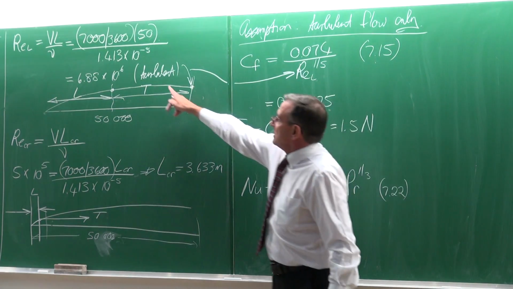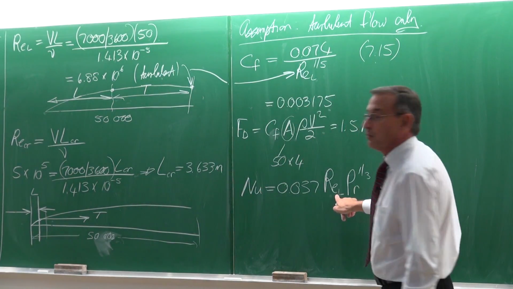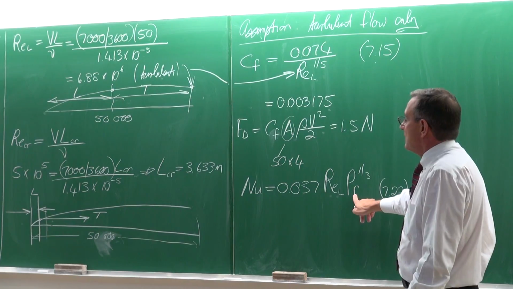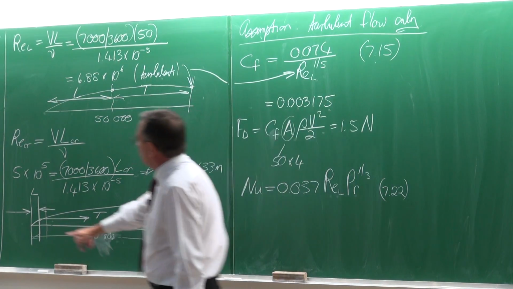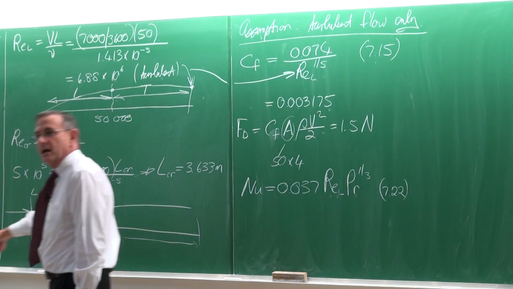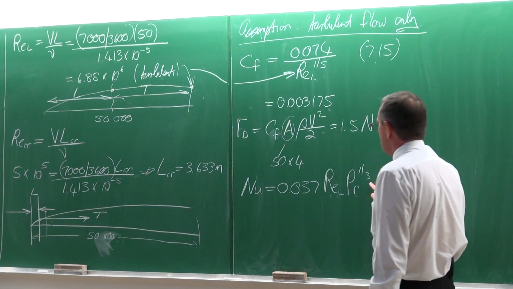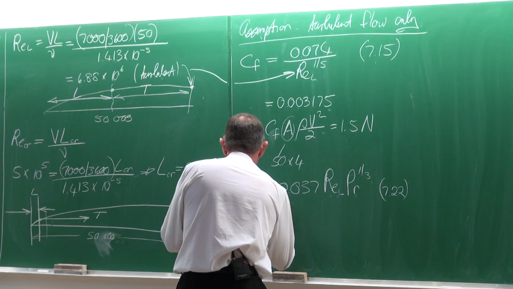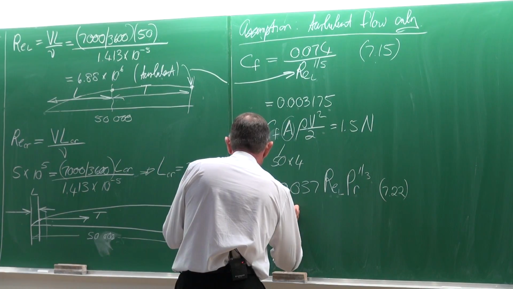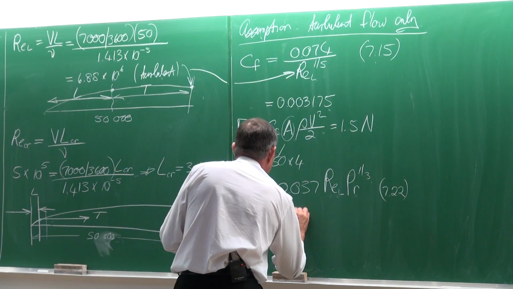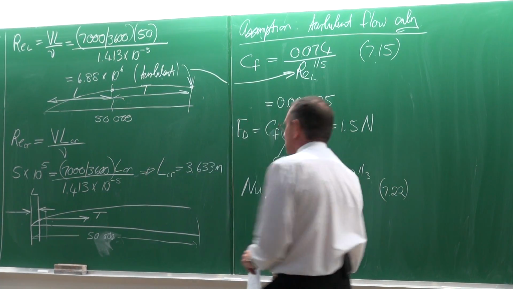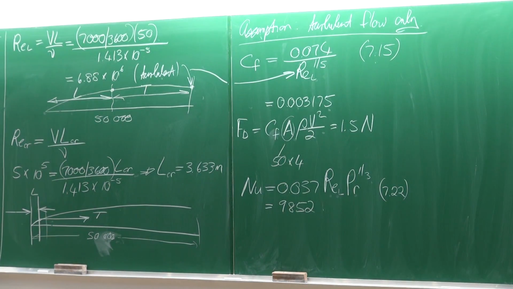There's the Reynolds number, 6.88 multiplied by 10 to the 6. The Prandtl number is 0.7340. You can put it in there, and then you get that the Nusselt number is equal to 9852, the non-dimensionalized heat transfer coefficient.